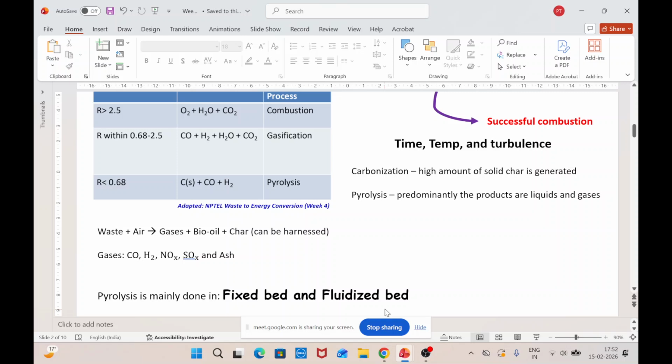For example, if you needed to burn 1 kg previously to produce some joules of energy, now I need to burn only around 0.2 kg. So the amount of material required will be less.